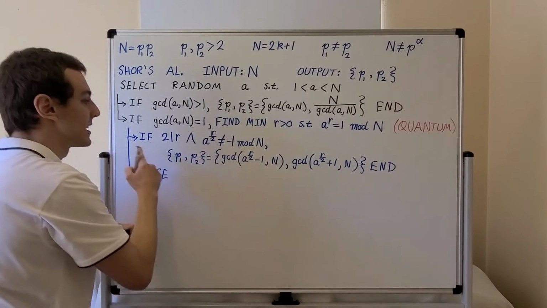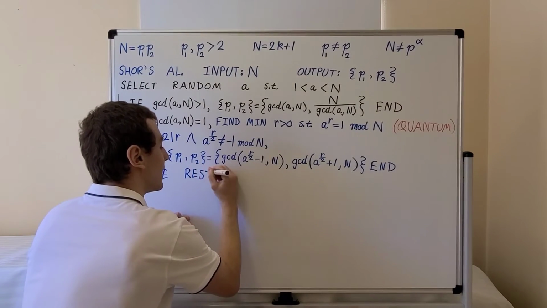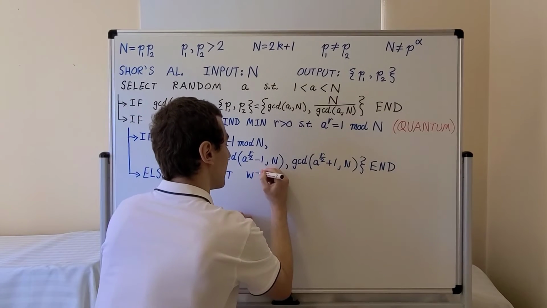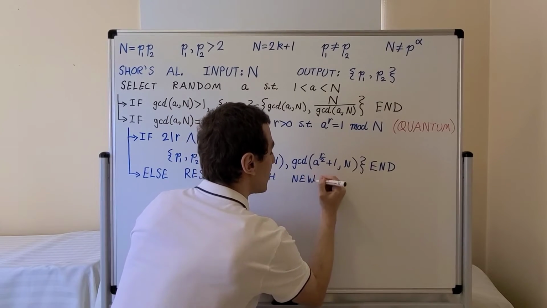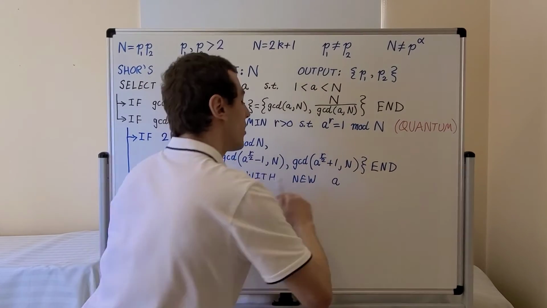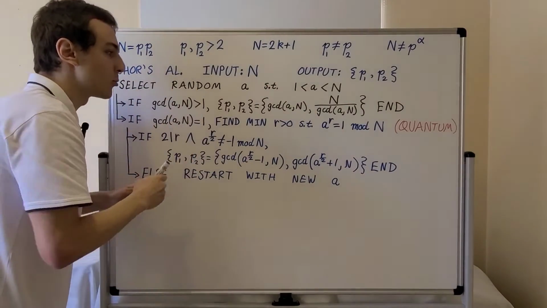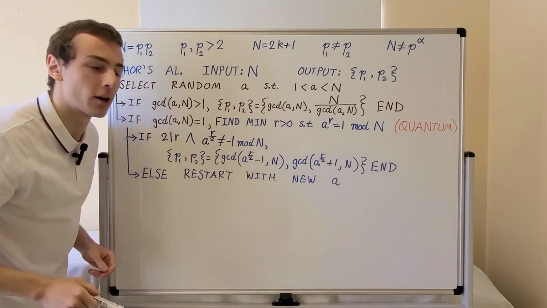So if we don't have these conditions, then we're going to have to restart the program with a new value of a. Or in other words, we're going to have to go back to the beginning, back to this starting step, and randomly select a different value of a, because we found that a does not work.